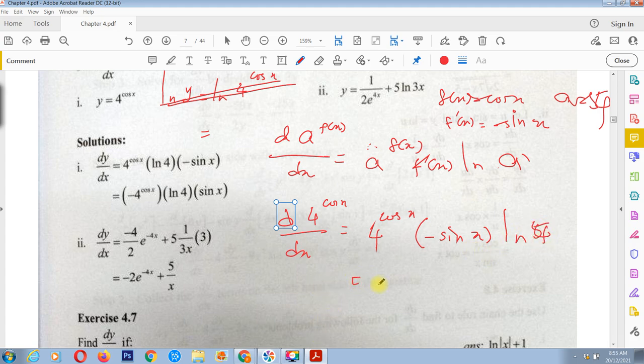So we simplify this, we get negative 4^(cos x) ln 4, and then bracket sine x.